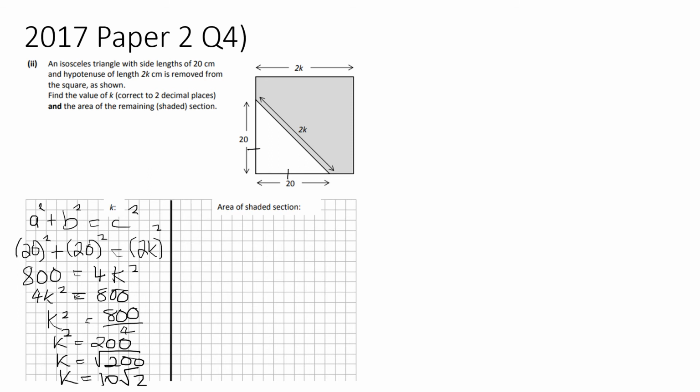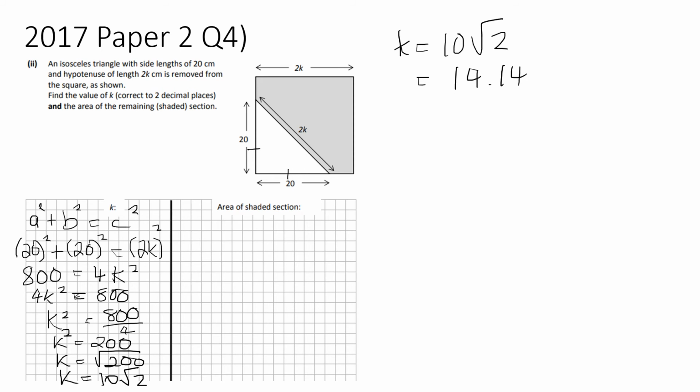It just makes it a little bit more accurate for later on. So that is your value of k. Actually, it's asked you to find the value of k to 2 decimal places. So 10 root 2 to 2 decimal places is 14.14.